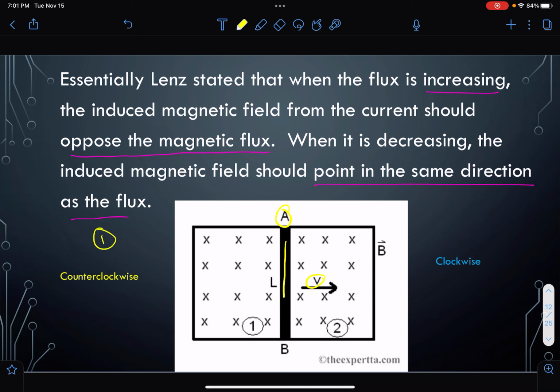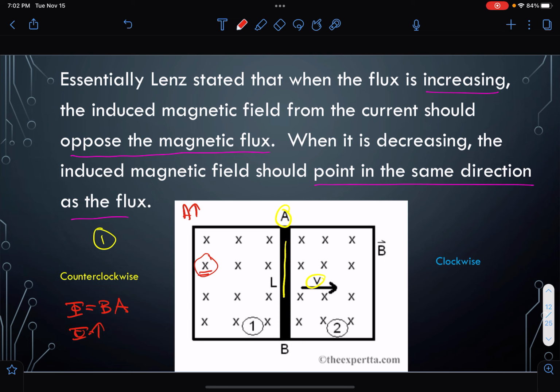Situation one is my area is increasing, and since my flux is equal to my BA, if my A increases, then that means my flux is increasing. So if my flux is increasing, I have to do the opposite. This X means my magnetic field is going into the page.